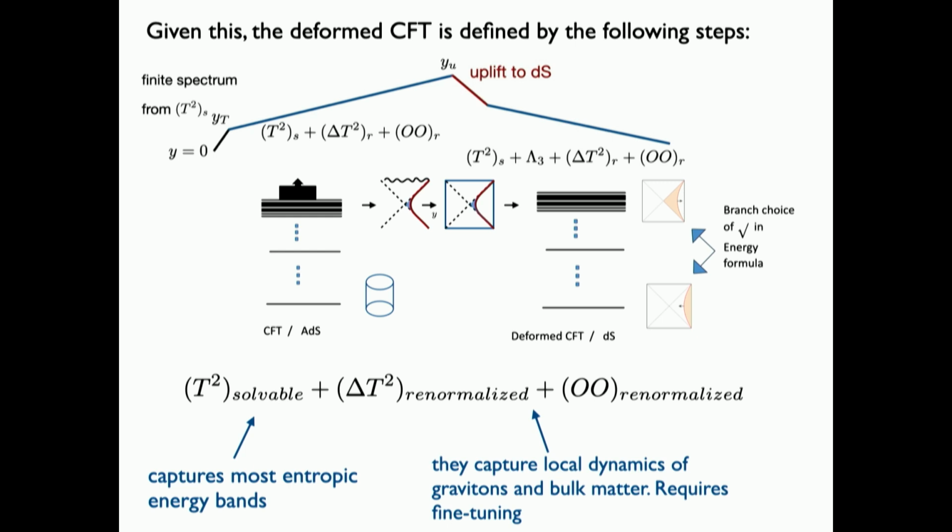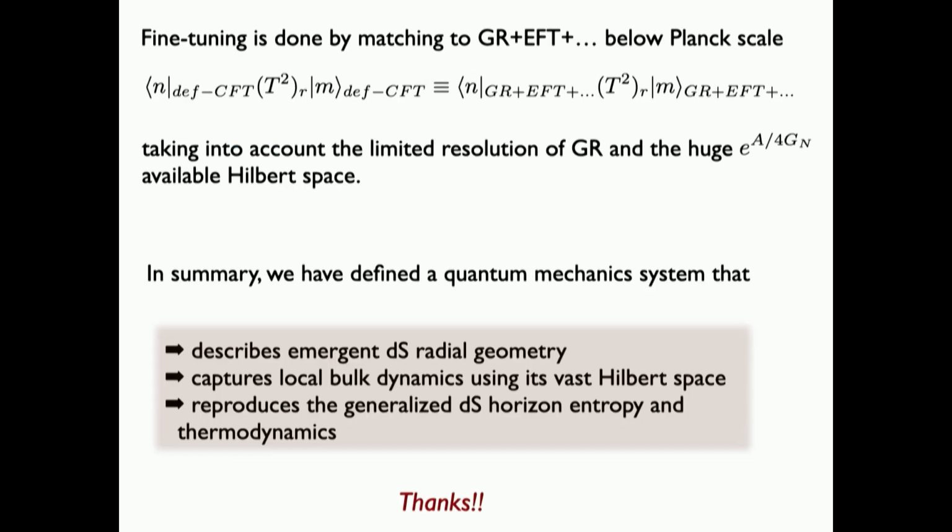And of course, that's the part where there is no free lunch. I mean, we expect in general many CFTs and many AdS and many DS vacua, all the model-dependent pieces going there. Okay? And in principle, being completely agnostic, what we can say about that part at this point is that this boundary theory has enough capacity to represent any observable that we get from GR plus EFT plus possibly low energy string theory.